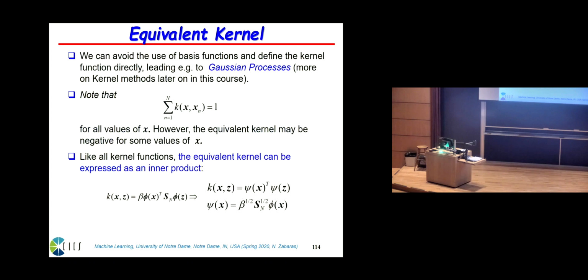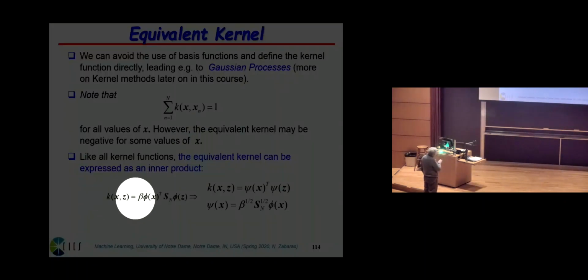Okay. So there will be no details about kernel methods, but I'm going to give you something to maybe think about. In our case, using the basis function approach, the kernel between two points, x and z, was this by definition.